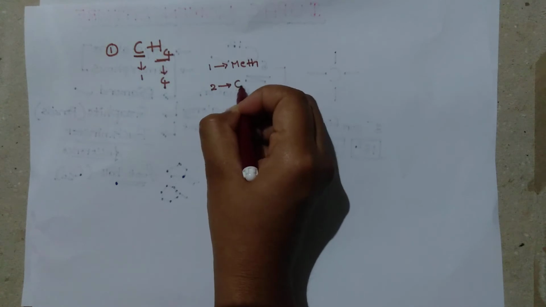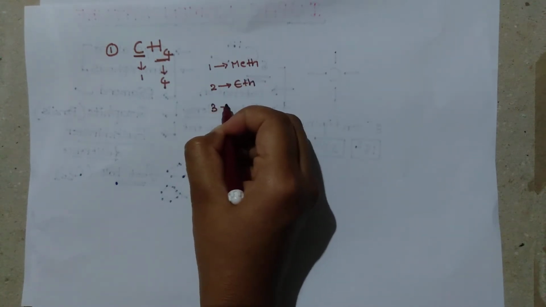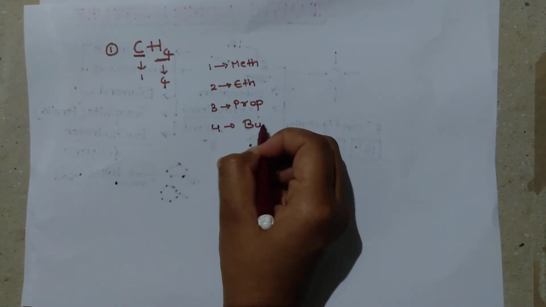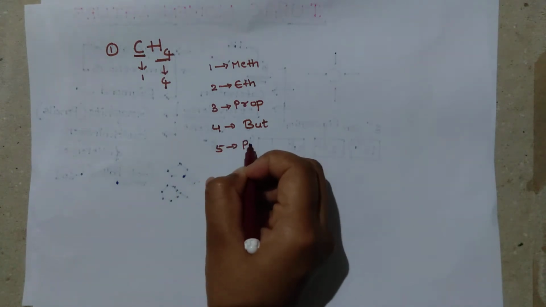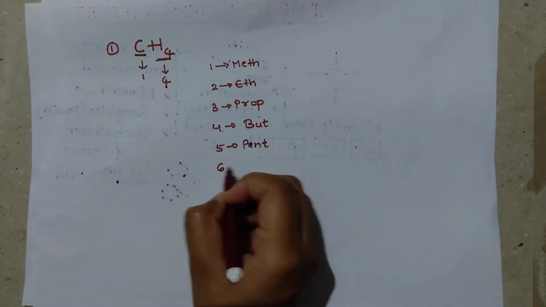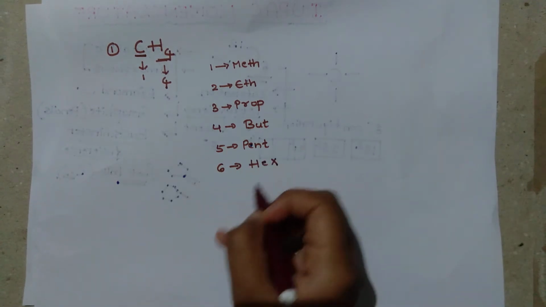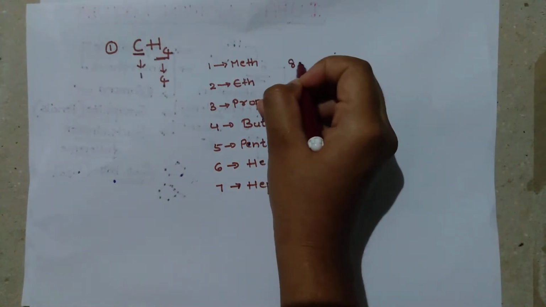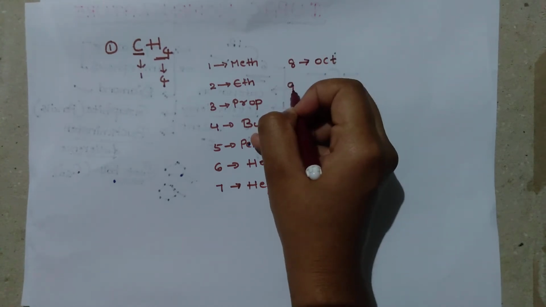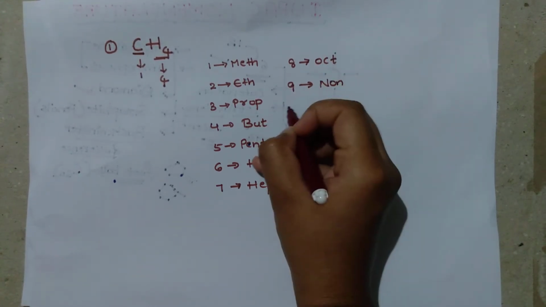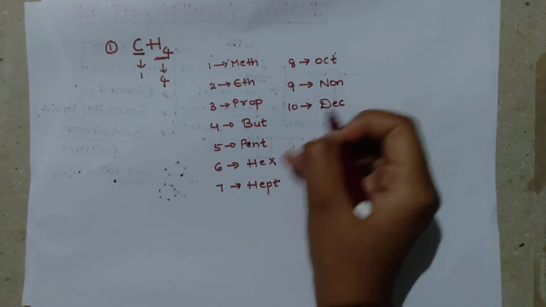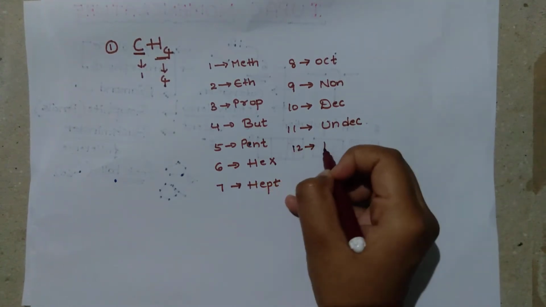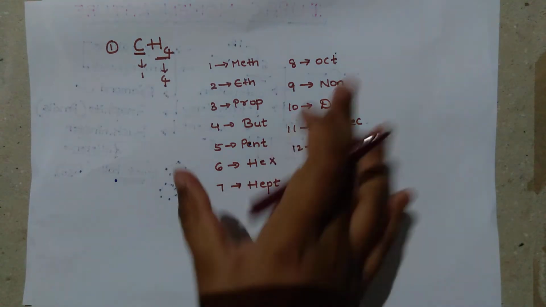Two, eth. Three, prop. Four, but. Five, pent. Six, hex. Seven, hept. Eight, oct. Nine, non. Ten, dec. Eleven, undec. Twelve, dodec.